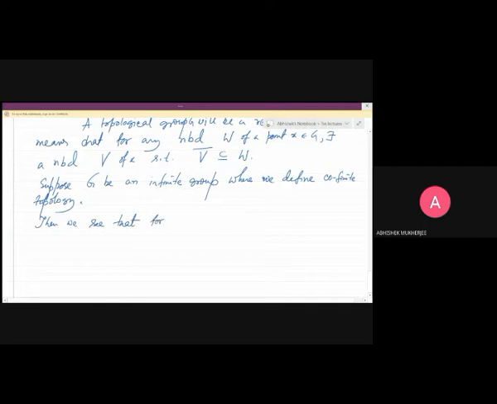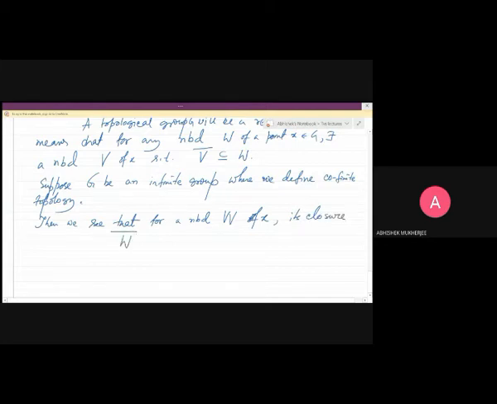Then we see that for a neighborhood W of x, its closure W bar.